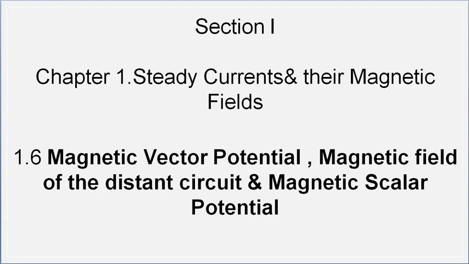Now, let us recall electrostatics a little. In electrostatics, we had used Coulomb's law to calculate the electric field. Using Coulomb's law, the calculation of the electric field was easy for a single charge, a pair of charges, then 3 charges.